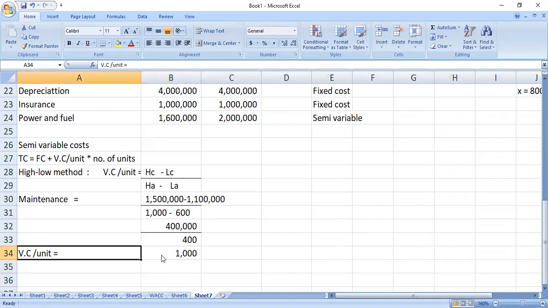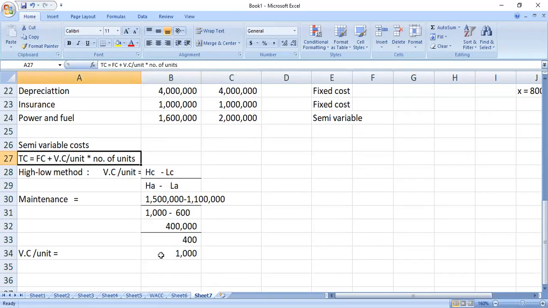Okay, now our task is to determine the fixed cost of this item, because this is the whole formula. Is that the formula for semi-variable? Yes, Brandon. The formula for semi-variable is actually this one here, the one in bold.